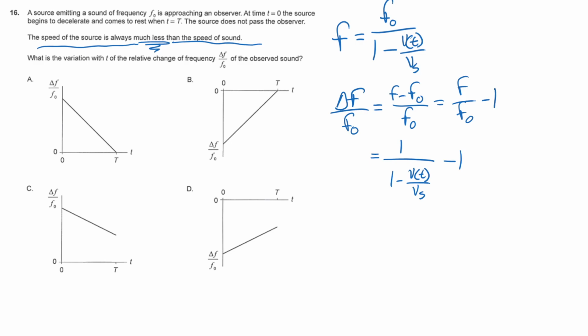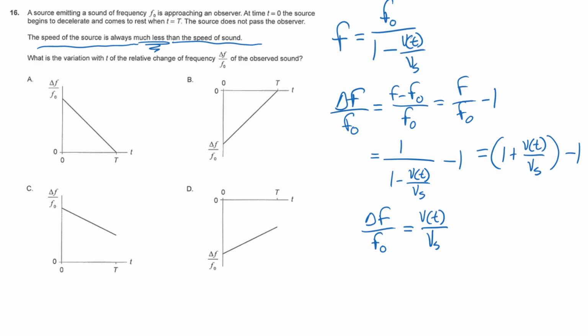Binomial approximation gives us 1 plus v of t over v of s, and then minus 1. So what we end up with is this right here. So relative frequency increase is directly proportional to the source speed.